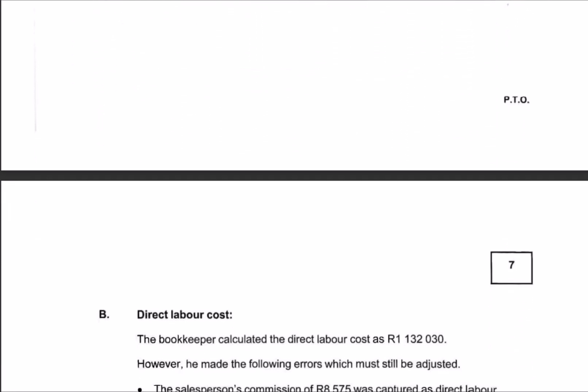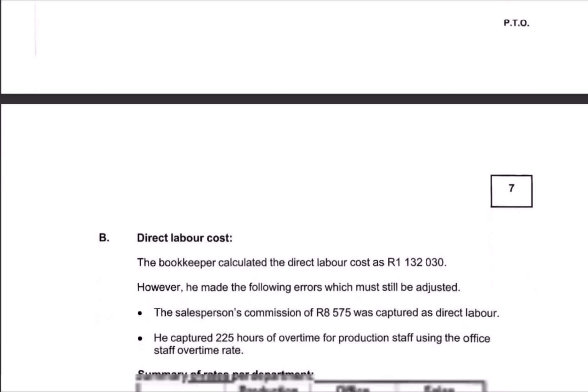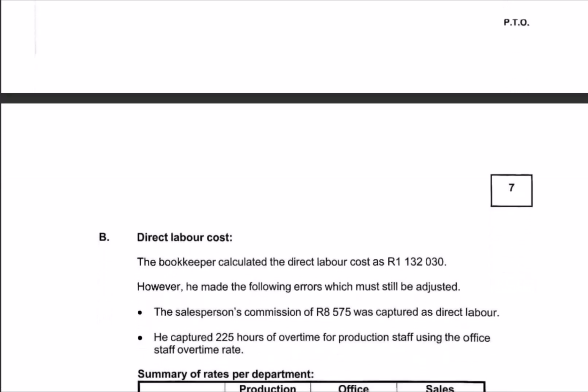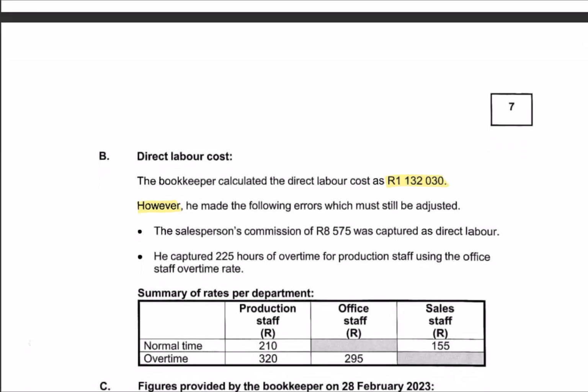Then direct labor costs. The bookkeeper calculated the direct labor cost as 1,132,013. However, he made the following errors which must still be adjusted. The salesperson's commission of 8,575 was captured as direct labor.